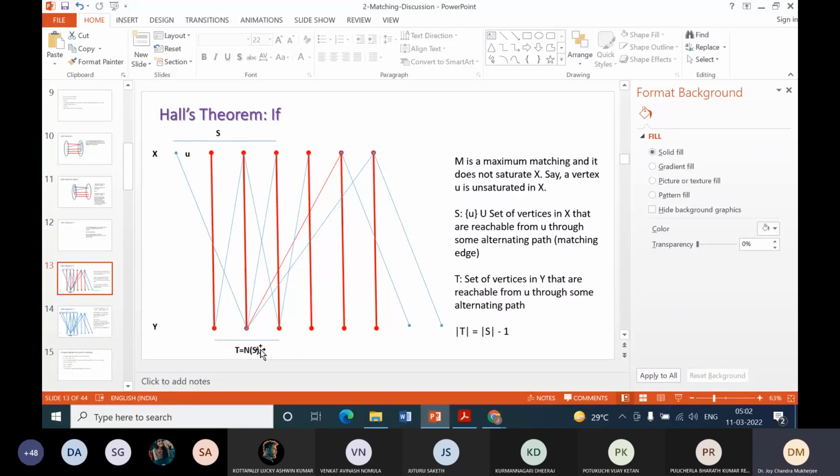Suppose T is not equal to Ns. इसका मतलब क्या है? S का कोई एक नेबर, if T is not equal to Ns, इसका मतलब there is some edge from S to here. Okay.